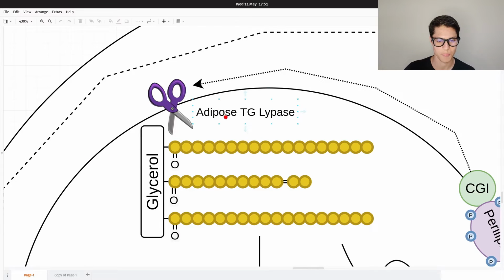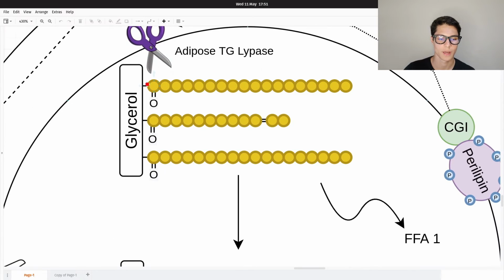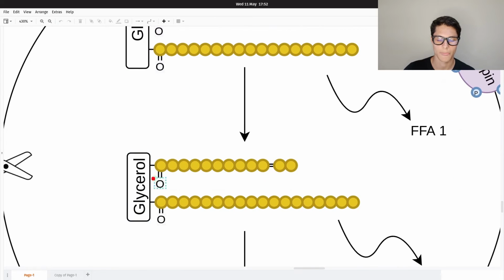Adipose is where we are, in the adipocytes or adipose tissue. Triglyceride is what we have here. Lipases are enzymes that cut down lipids. So we are going to cut, that's why we have a scissor here. We are going to cut one fatty acid off the glycerol, and we get a free fatty acid here and the diglyceride.